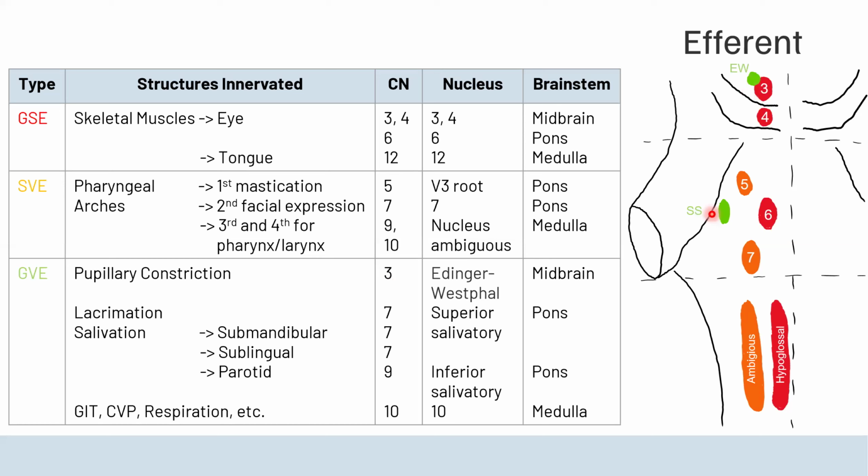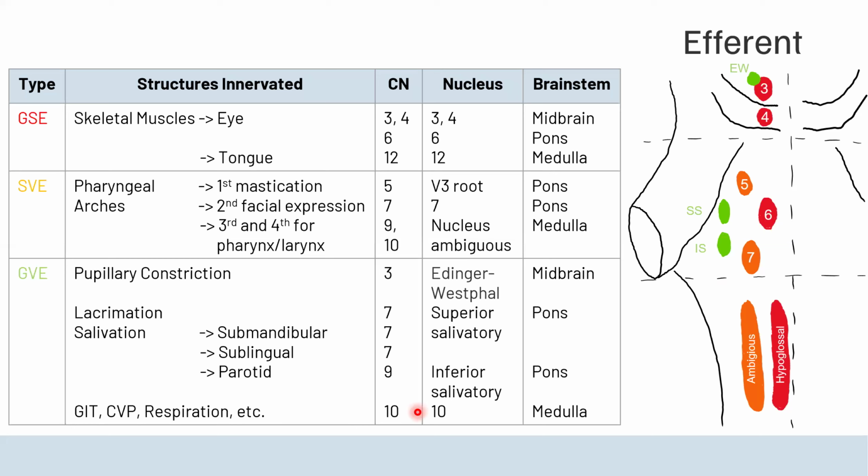This will then go to the pterygopalatine or the submandibular. And then for salivation, we have, once again, the submandibular and sublingual by the facial nerve through the superior salivatory. And then we have the parotid through the inferior salivatory, which is for the ninth cranial nerve. Now this, once again, is in the medulla, but it's at the junction, which is why I moved it up a bit, okay?